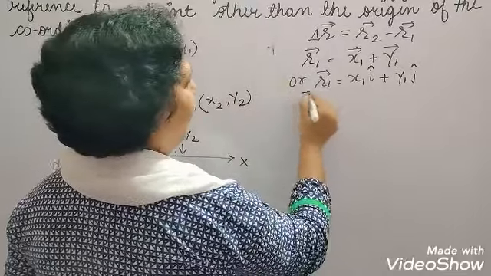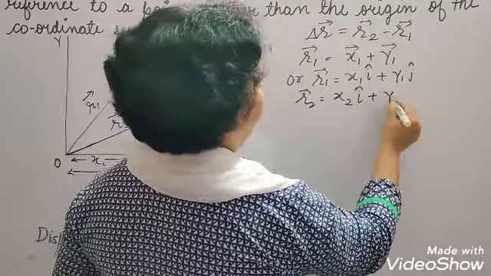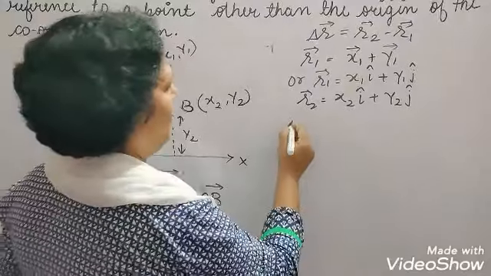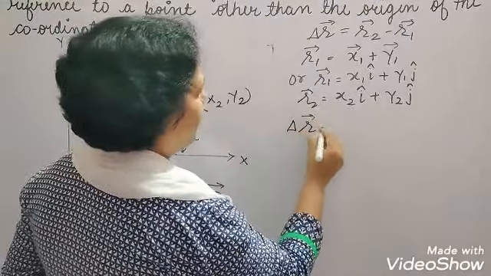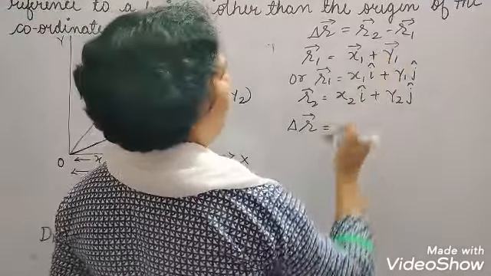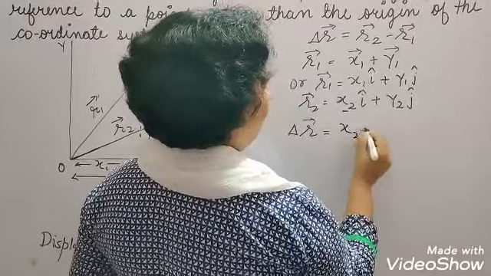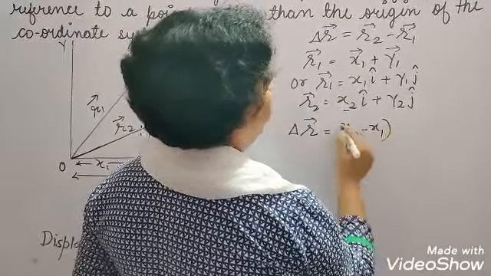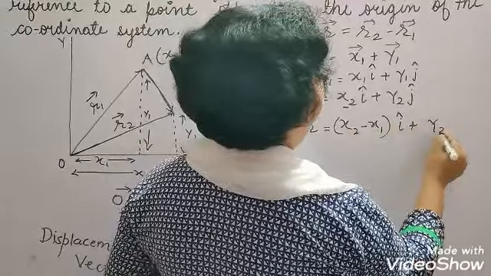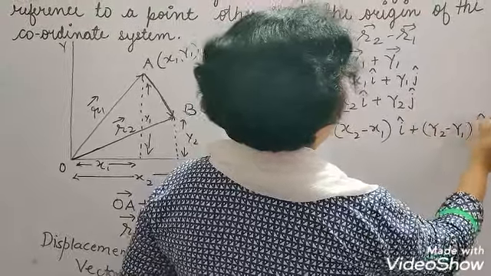Similarly, r2 can be represented as x2 i cap plus y2 j cap. That means del r, the difference of r2 and r1, is x2 minus x1 i cap plus y2 minus y1 j cap.